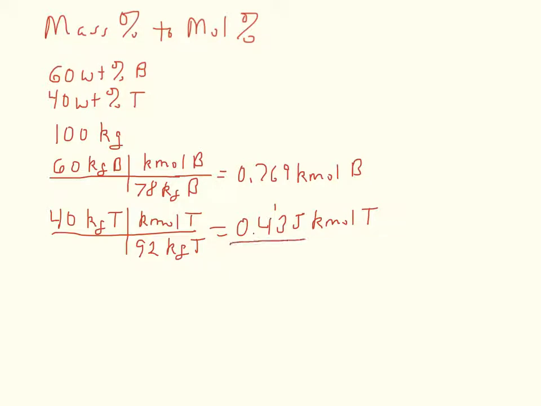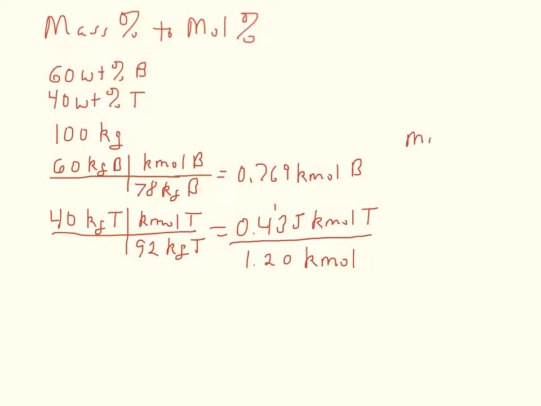So now I can add these together to get the total number of kilomoles present, which is 1.20 kilomoles total. So now if I just take my kilomoles of benzene divided by the total, I get the molar percent.